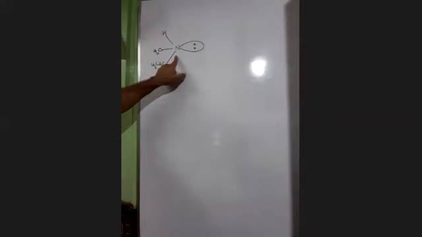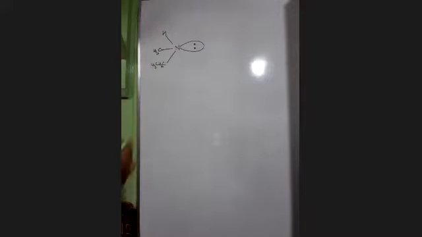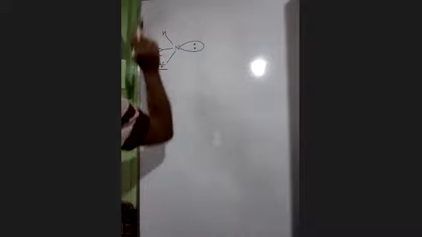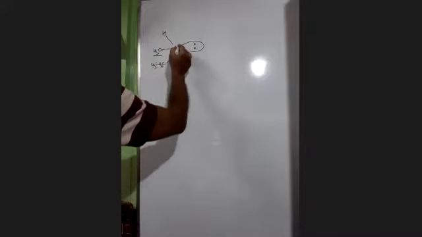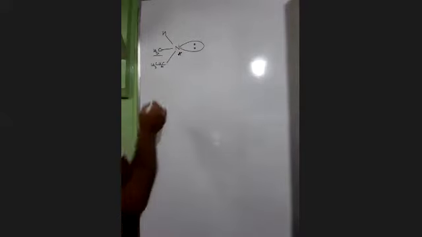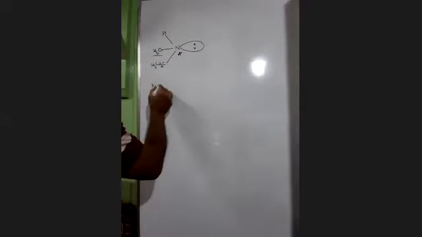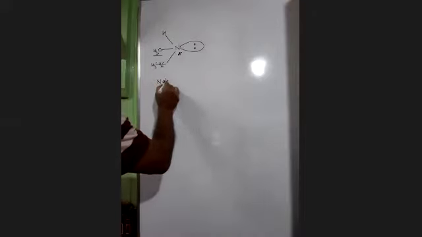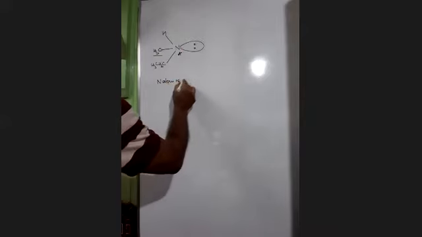What is the definition of an asymmetric center? Where all the valencies are satisfied by different groups. This nitrogen has a valency of 3. One is satisfied by an ethyl group, second is methyl, and third is hydrogen. So in that case, I can put a star on this nitrogen, meaning the nitrogen atom is asymmetric.